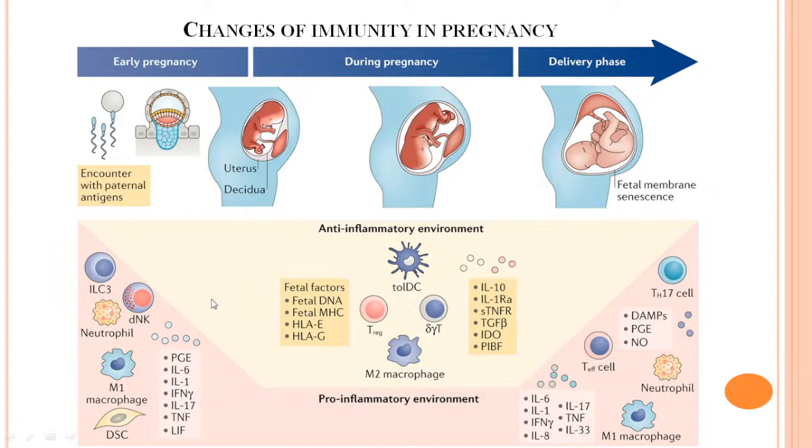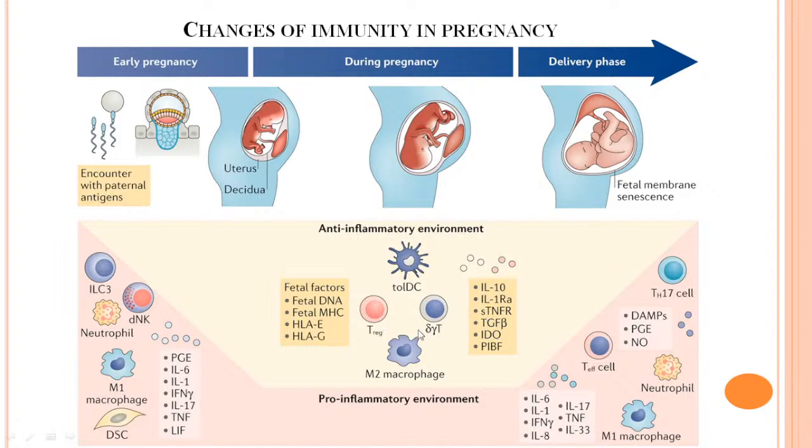So here we can see a predominance of anti-inflammatory substances. These are anti-inflammatory interleukin like 10, for example, transforming growth factor beta. These are T regulatory cells.